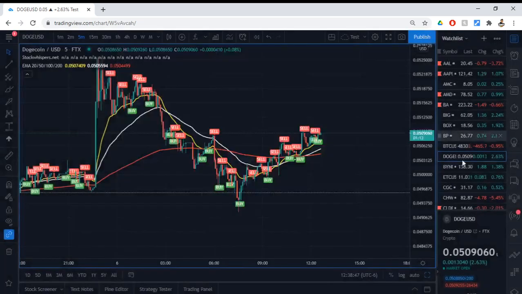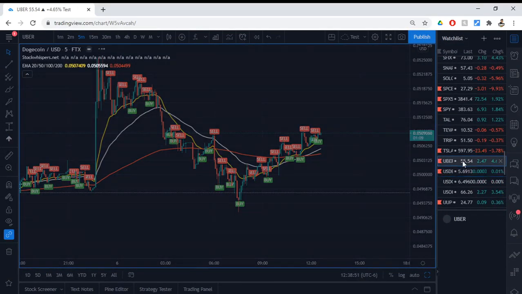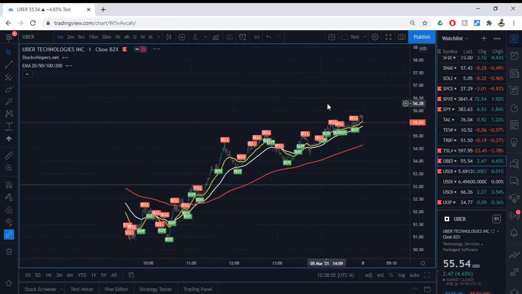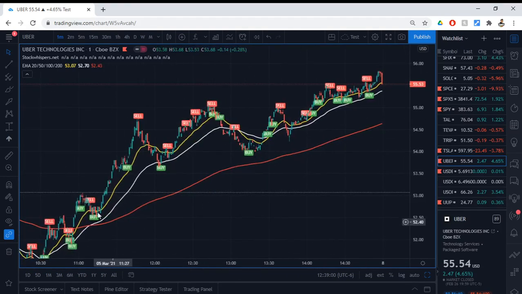So we went over SPY, we went over eyes. Let's check out Uber just for the hell of it. So Uber popped up, same scenario. This here is what you're looking for. From this moment on, this crossover. Buy, buy, buy, buy.